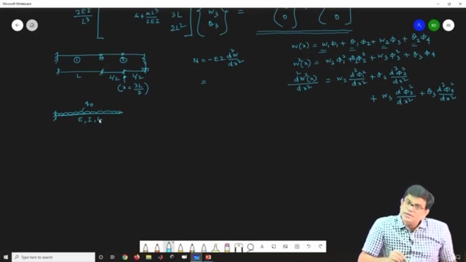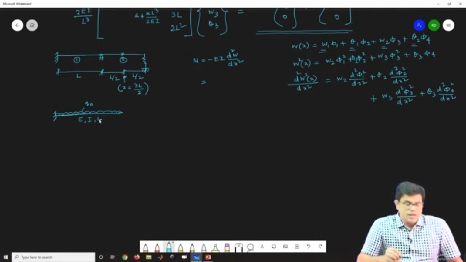Because in this case we know the exact solution of the beam problem. If I do it with the finite element method, what will the finite element solution actually be?